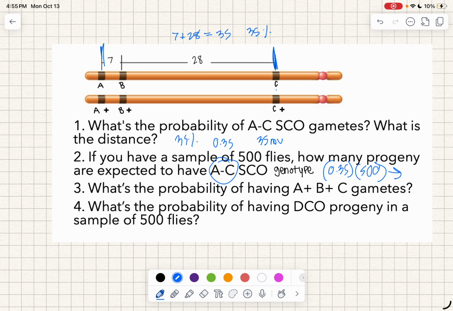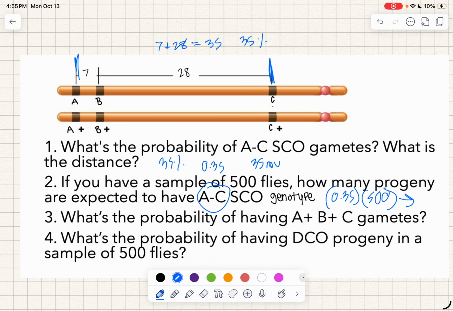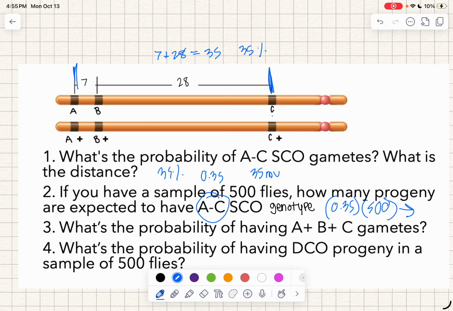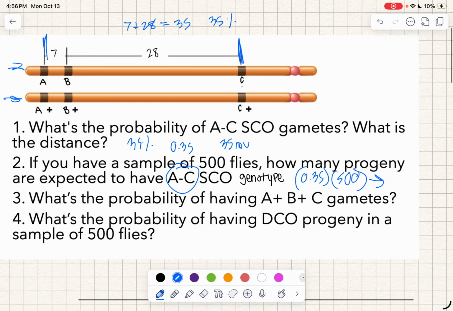All right, so what's the probability of having an A wild type, B wild type, C wild type gamete? If we look closely at these chromosomes, we can see that this chromosome has a genotype that is A, B, and C, while this chromosome has A wild type, B wild type, C wild type.